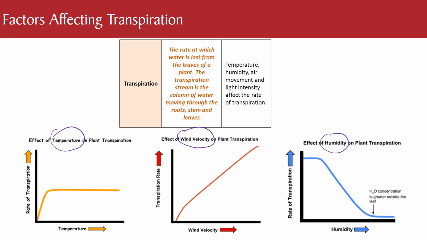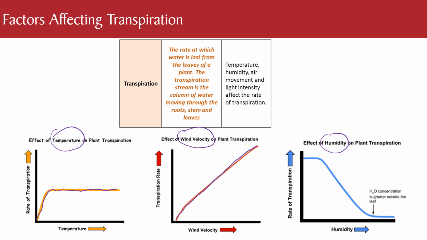Okay, so again, if you think about it, this is water. So with the temperature one, okay, it kind of makes sense really. As the temperature gets hotter, the amount of transpiration increases until it gets to a certain point. With wind velocity, transpiration keeps on increasing as the wind gets faster and faster. Right, if you think about it, it's kind of blowing the water away from the top of the leaf.